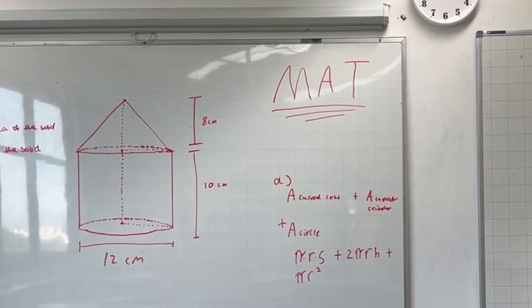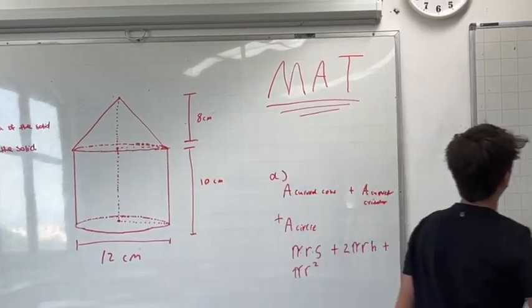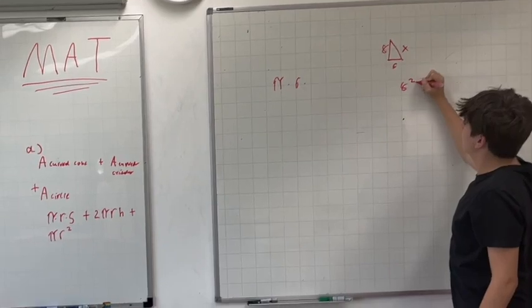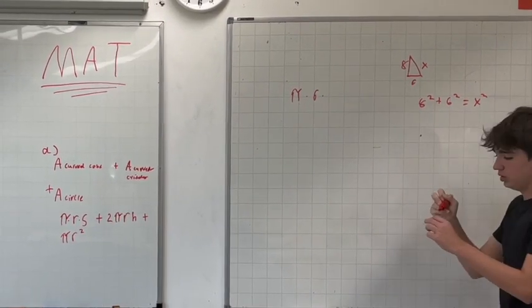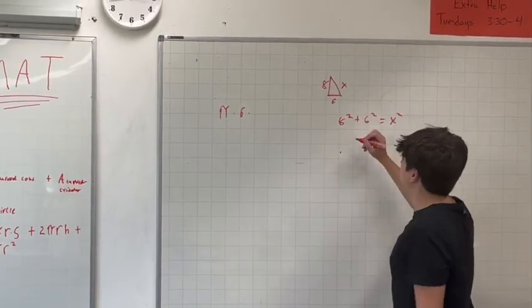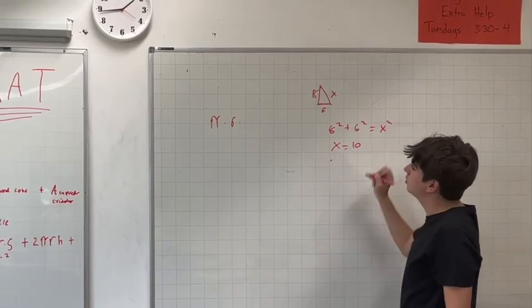We have 8 here and 6 here, and this is going to be x, so 8 squared plus 6 squared equals x squared. After you put this in the calculator and take the square root, x will be equal to 10. The hypotenuse is 10.